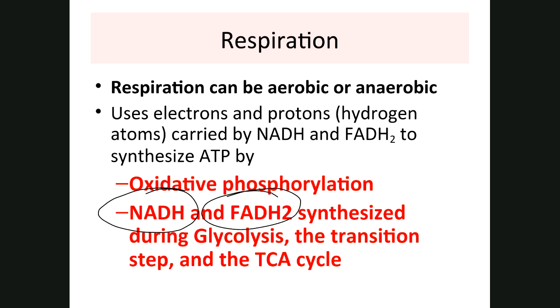We have lots of electron carriers ready to give those hydrogens to the electron transport chain. That's the key. When it comes to energy production, the purpose of glycolysis, intermediate step, and Krebs cycle is to rob hydrogen atoms to make, later on, ATP.